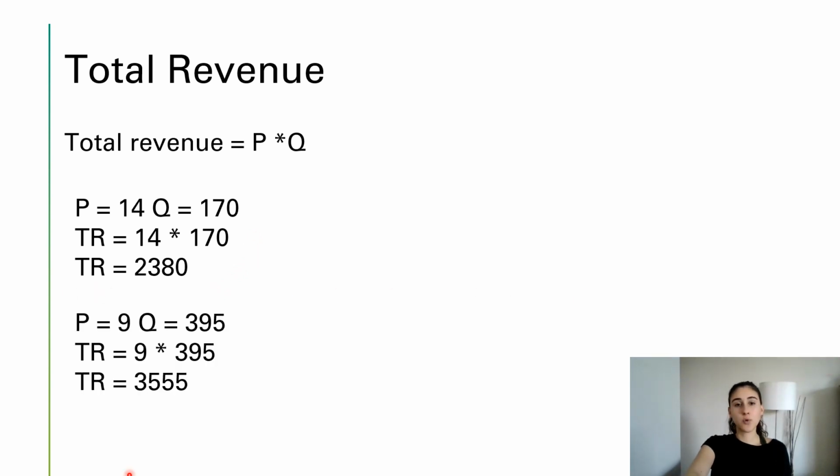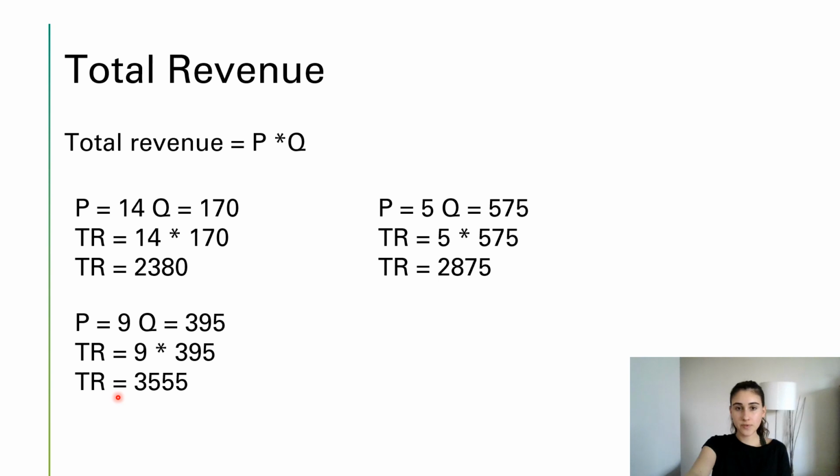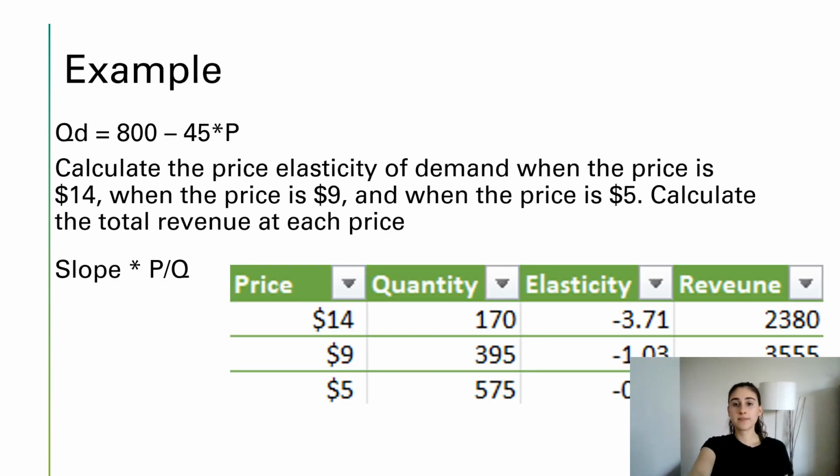When price is 9 and quantity is 395, we multiply them to get a total revenue of 3555. Finally, when price is 5 and quantity is 575, we multiply them together to get a total revenue of 2875. We have now found our revenue values and fill them in to this position of the table.